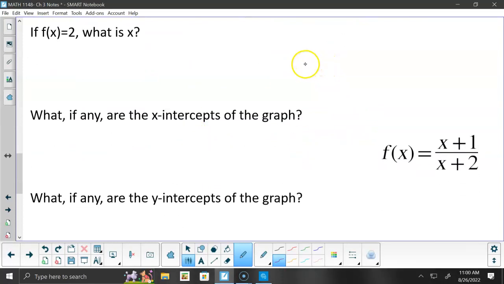All right, so here's our next 3, and I just copied and moved the equation down so we still have it.